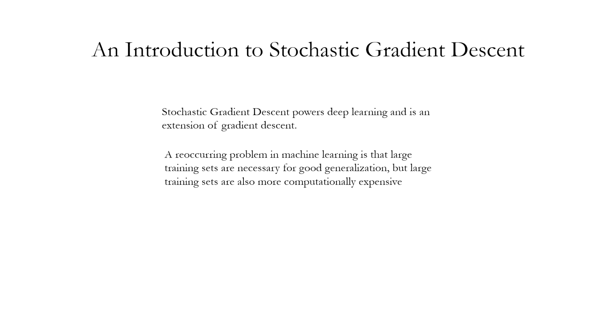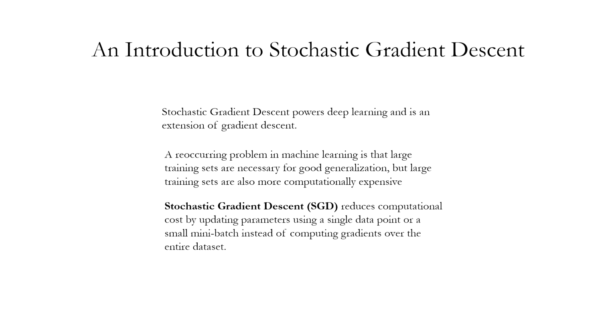A recurring problem in machine learning is that large training sets are necessary for good generalization, but large training sets are also more computationally expensive. SGD reduces computational cost by updating parameters using a single data point or a small mini batch instead of computing gradients over the entire data set.